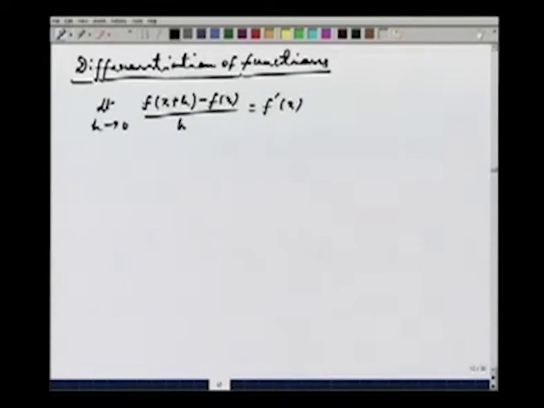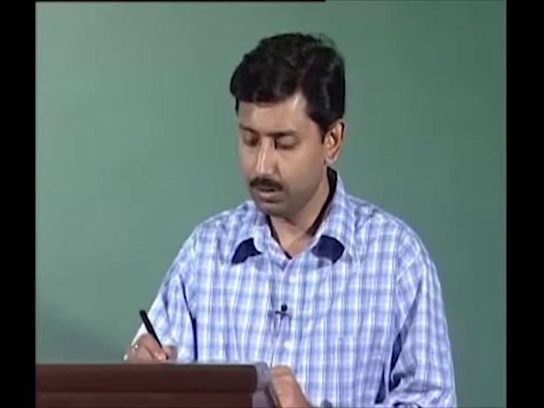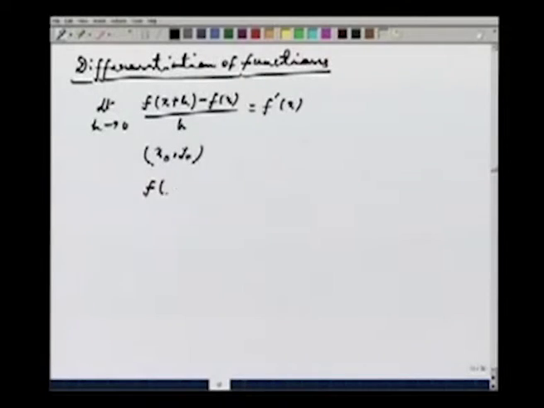Now here, if I look at the analog of this, I take a point (x naught, y naught) and try to write an analog of the previous one. I can write it in this form: f of (x naught plus h, y naught), I don't do anything with y naught, I keep it fixed, minus f of (x naught, y naught), I divide this by h, and I take the limit as h goes to 0.